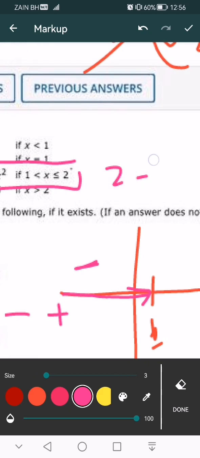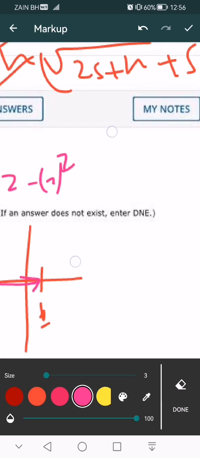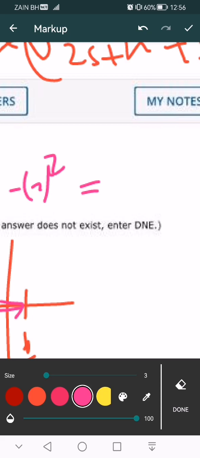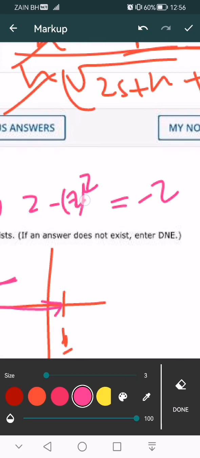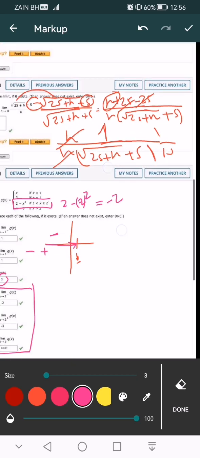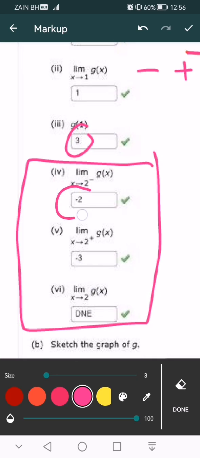So 2 minus 2 square is equal to 2 minus 4, which is equal to minus 2. Why minus 2? Because the minus is outside, not inside. So the value is minus 2.